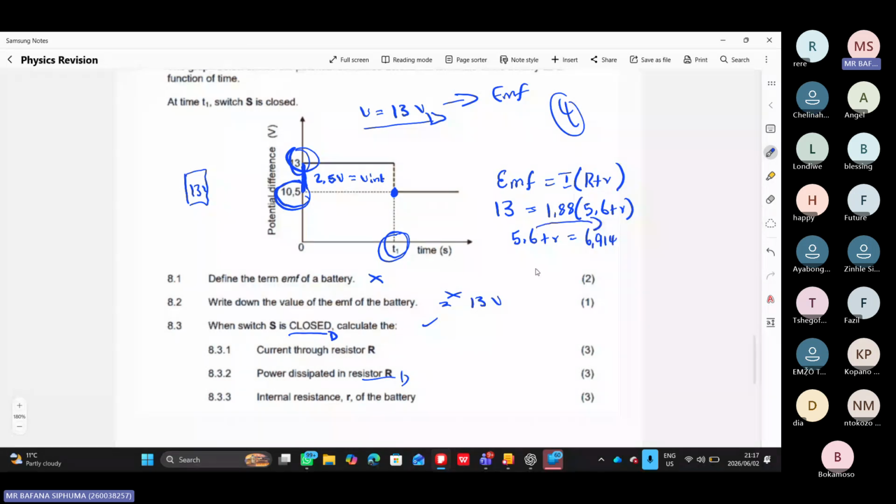So you transpose this to the other side and then your R. What is your R? 1.31 ohms. Yes, that one is fine.